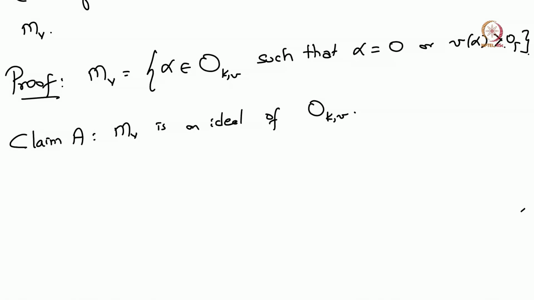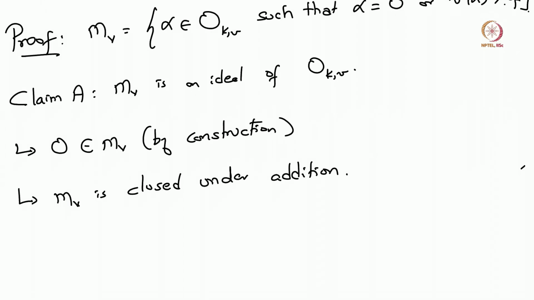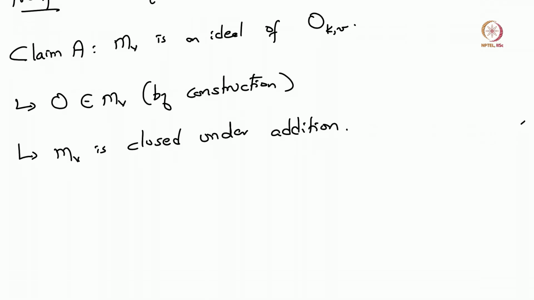So what do we need to show? First of all, we need to show that 0 belongs to MV, but this is true by construction. We need to show that MV is closed under addition, and the argument is similar to showing that OKV is closed under addition.